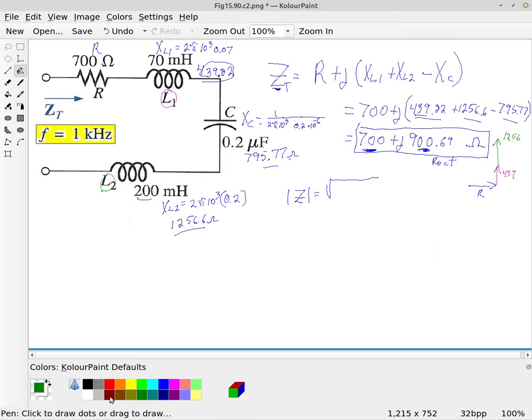And then X of C is going to be coming back down the other way, coming down 795. And so that would give us our overall resulting value.